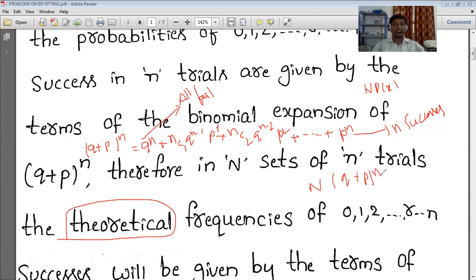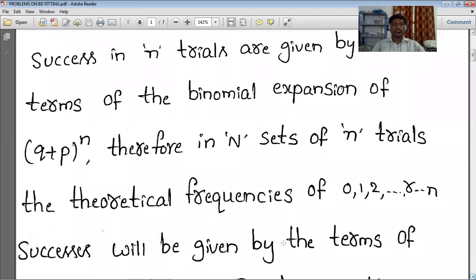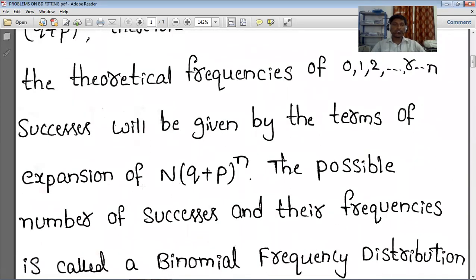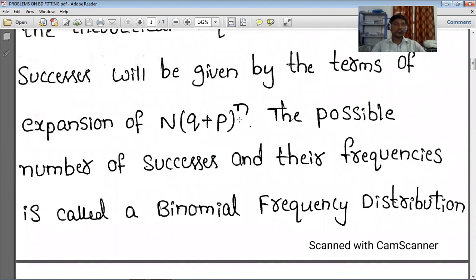Or we can take capital N into P of 0, capital N into P of 1, capital N into P of 2, capital N into P of 3. We get the same result. The successes will be given by the terms of the expansion of capital N into (q plus p) whole power n.